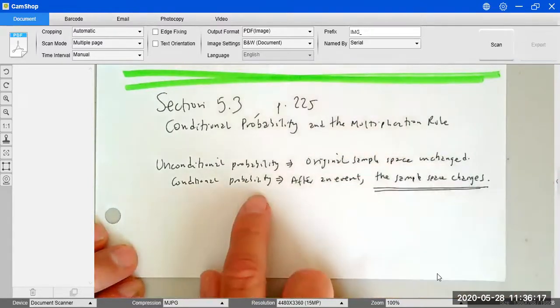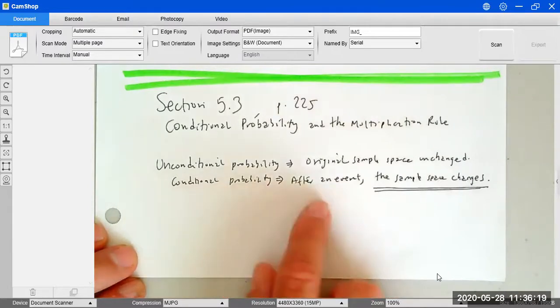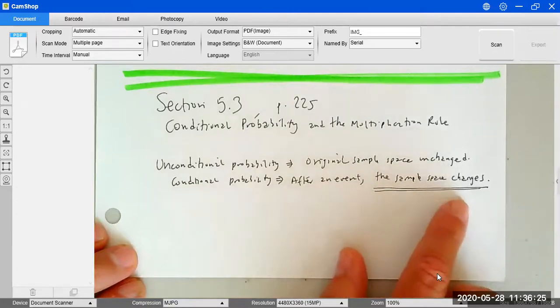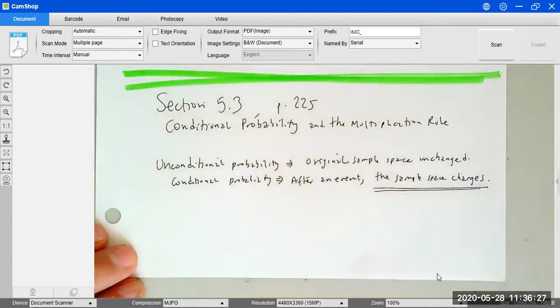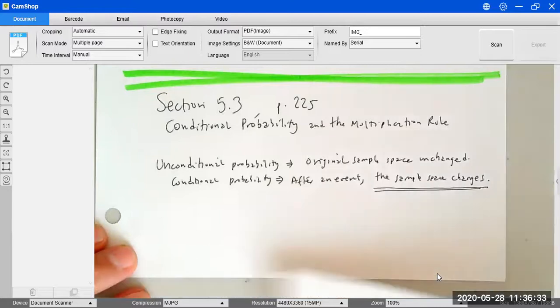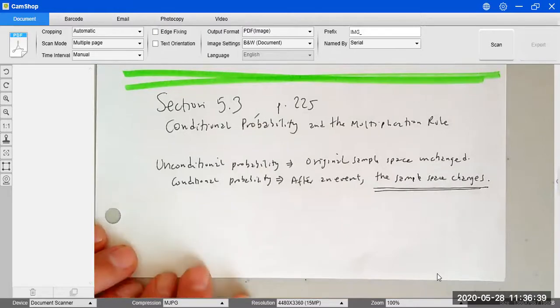When you have conditional probability, then after an event happens, the sample space changes. That's the way that we're going to see problems to be solvable. So I'm going to start solving a couple of problems for you to understand better this idea of conditional probability.